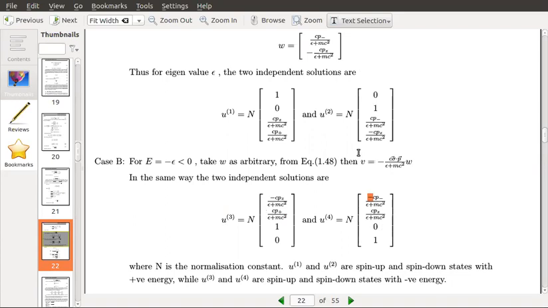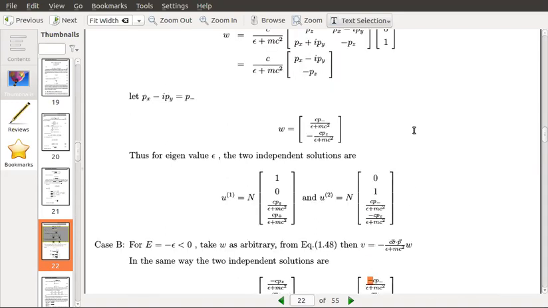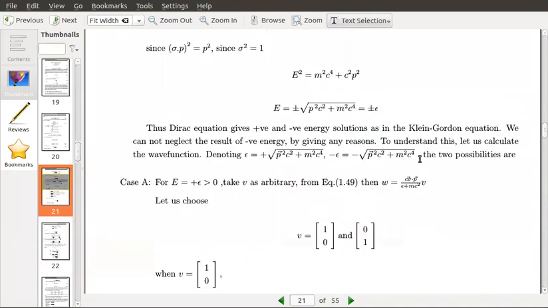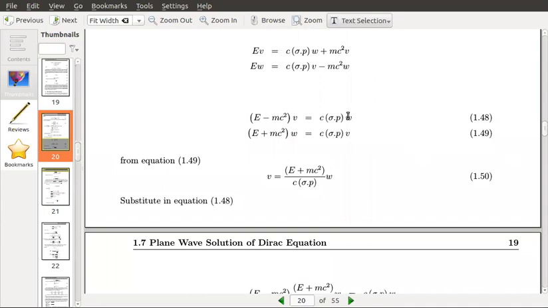So from equation 1.48, you can write V equal to this equation. You should be very careful here. From 1.48 you write V equal to this one, with E minus mc square in the denominator. If you write E equal to plus epsilon, then the denominator can be 0.